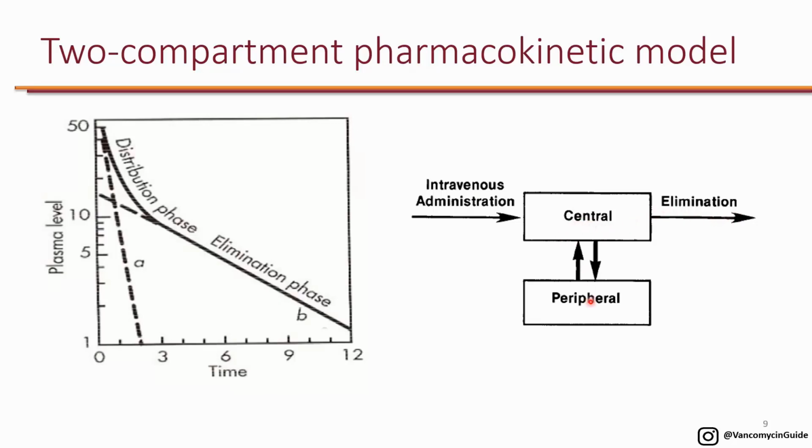However, because it's also penetrating into the peripheral tissue, there is also the distribution phase. So when you give vancomycin initially, the peak will be very high, and then during the distribution phase, the levels drop very quickly, and then it slows down during the elimination phase.